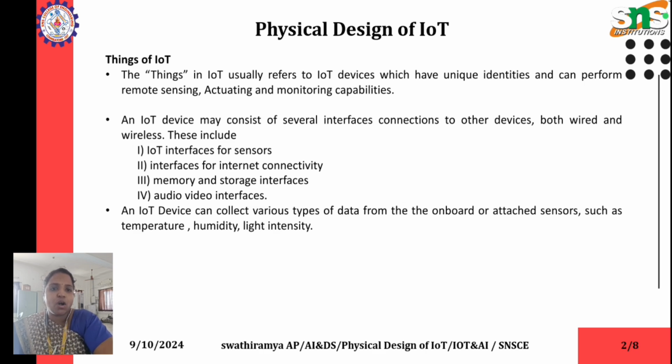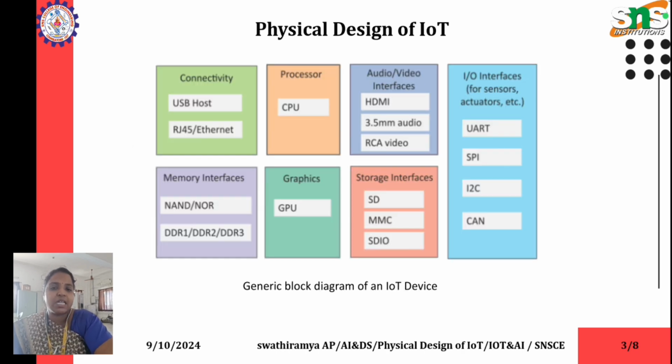So, we have discussed the physical design of IoT. We have got a few interfaces of IoT, as previously discussed: connectivity, processor, audio video interfaces, and input or output interfaces. In the connectivity, you have got two ports, USB and RJ45 Ethernet. We discussed this very clearly in the previous sessions.